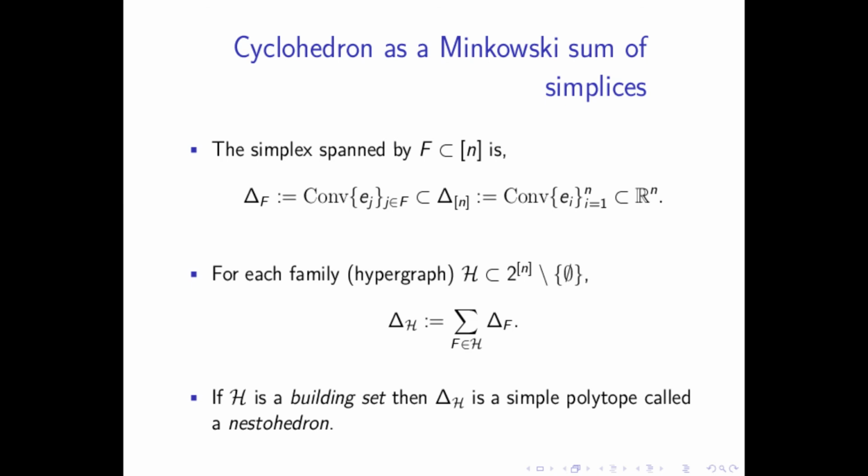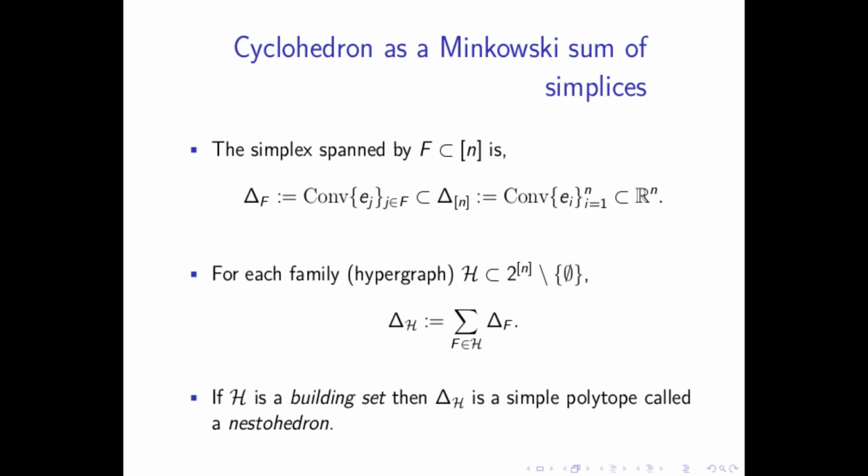One of the central reasons this is studied in the theory of graph associahedra or nestohedra is that this is how you generate simple polytopes. So, of course, in that case, H, this family, is not arbitrary.